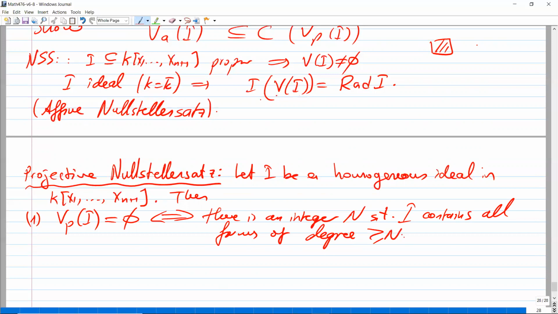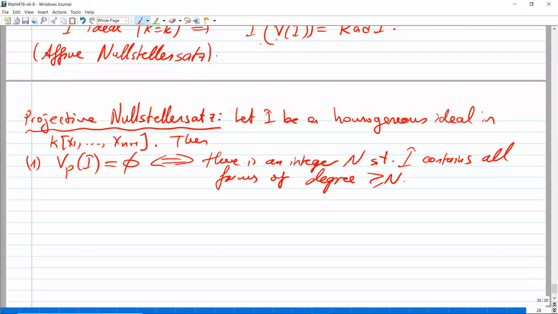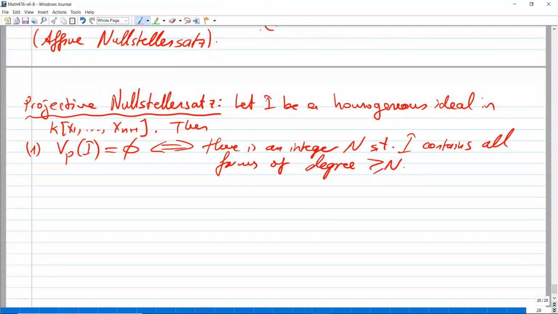Because if it contains all forms of degree n, then it contains all the others as well. Just multiply.